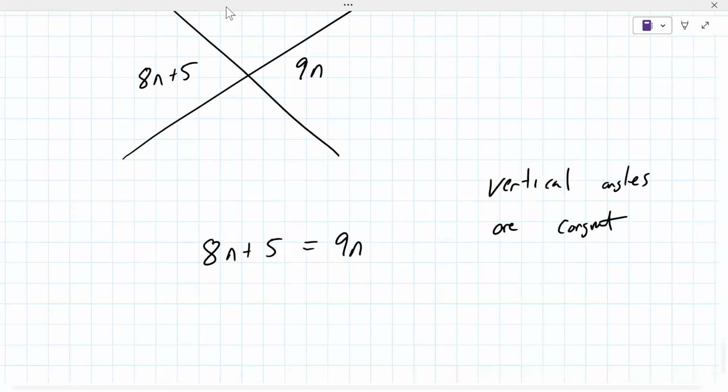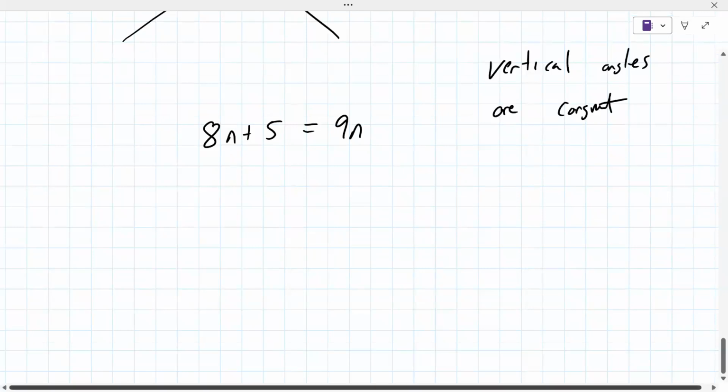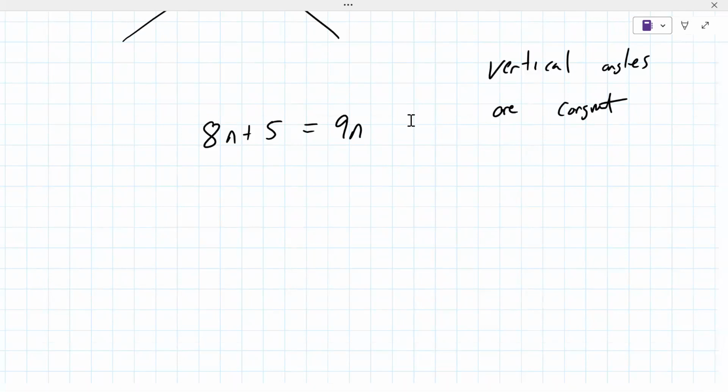Now we've got to move the variable from the smaller to the larger. Which is smaller, 8n or 9n? 8n.